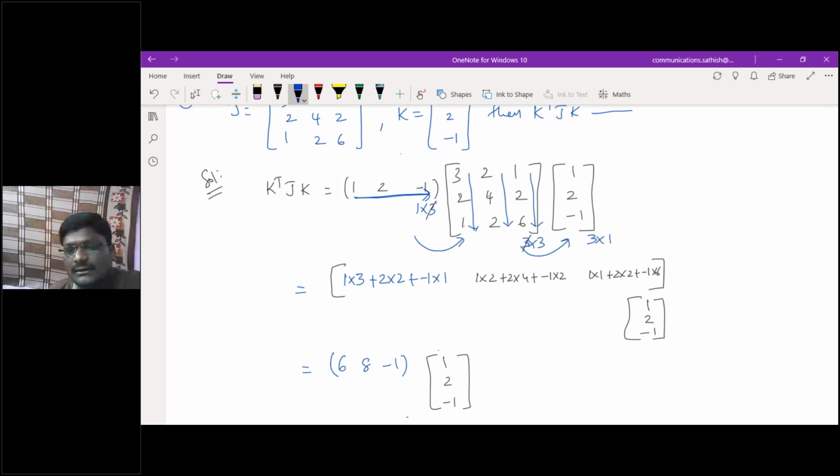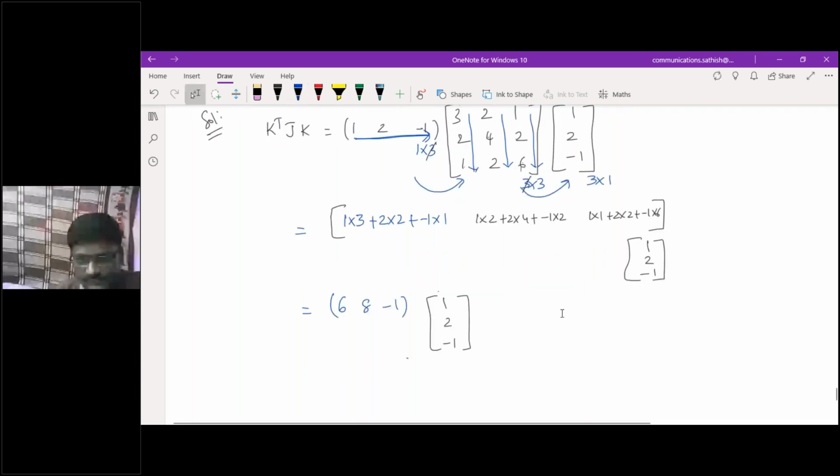This is 6, 8, minus 1 only, na? Yes, sir. Then again, this is 23, sir. What, ma? One row with the column, 3 rows, 1 column. What will you get? 6 into 1 plus 8 into 2 plus minus 1 into minus 1.